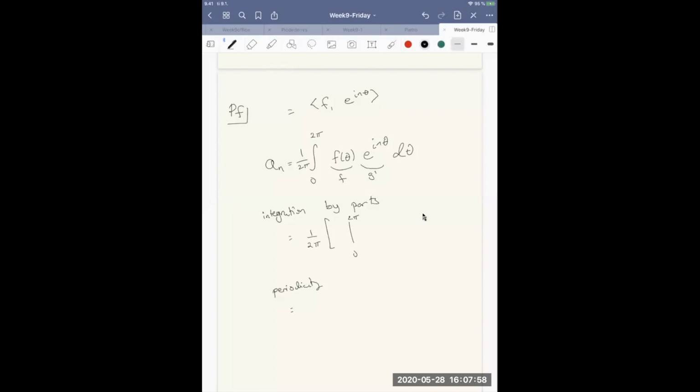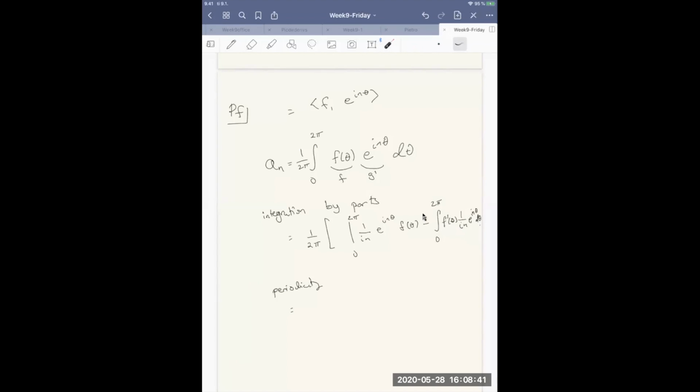Well, if we integrate, we get 1 over in e^{inθ} times f(θ), and then we subtract the integral from 0 to 2π of f prime(θ) times 1 over in e^{inθ}.